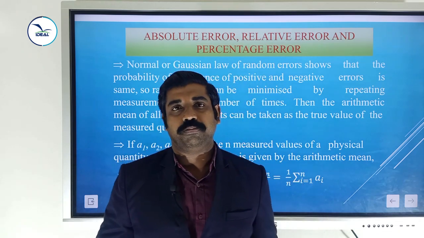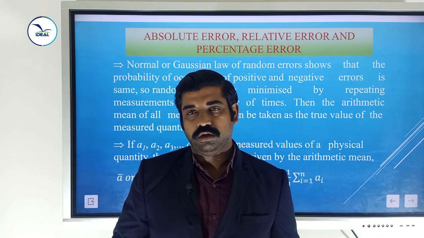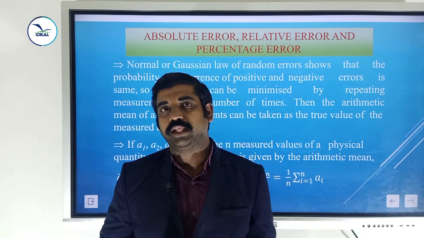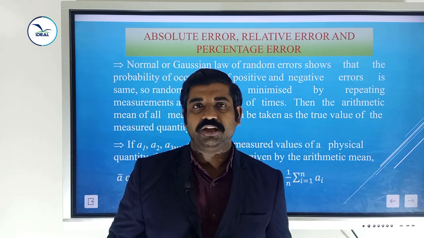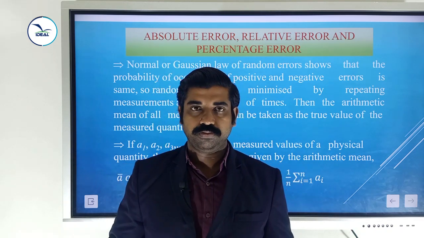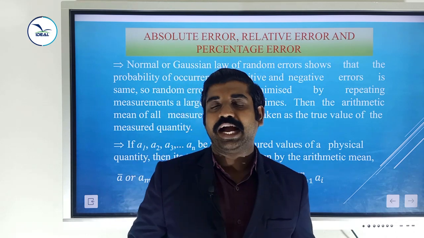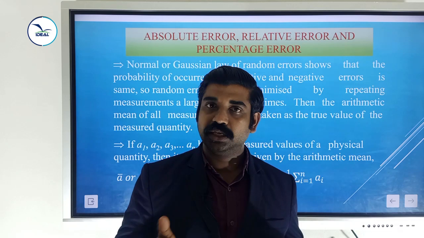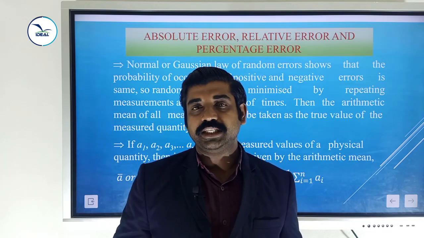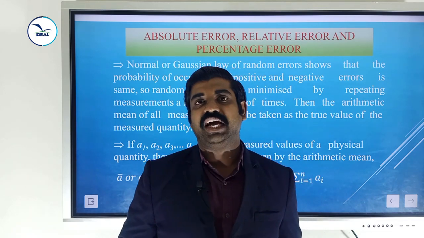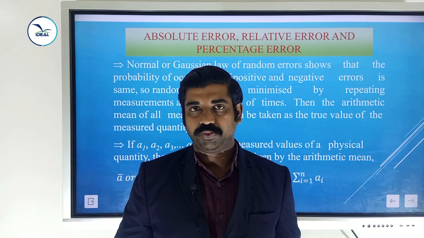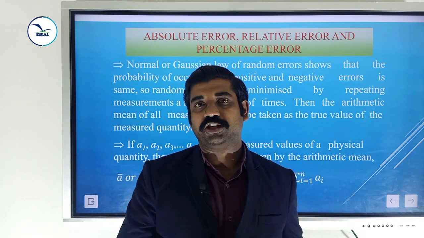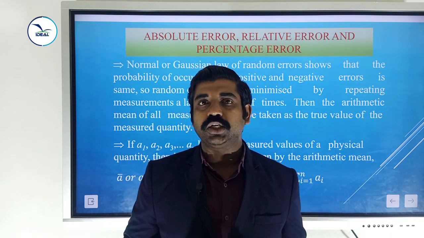If we are measuring the length of something, we can measure it many times. If we don't know the actual value, we can take the arithmetic mean of the measured values. That is considered to be the mean value or the true value.